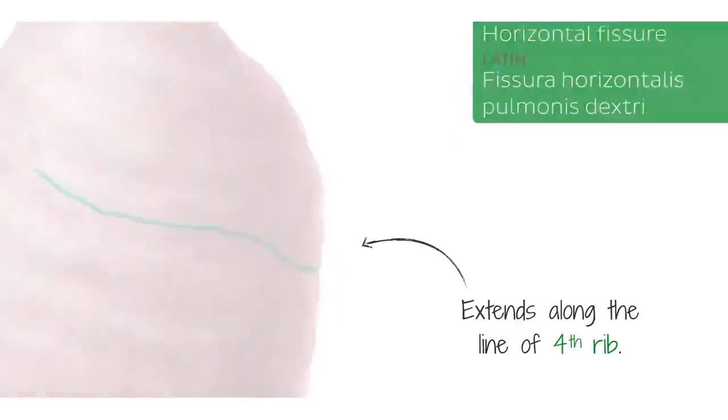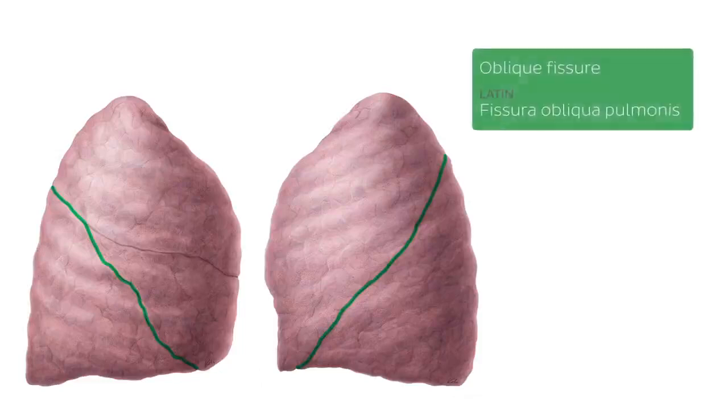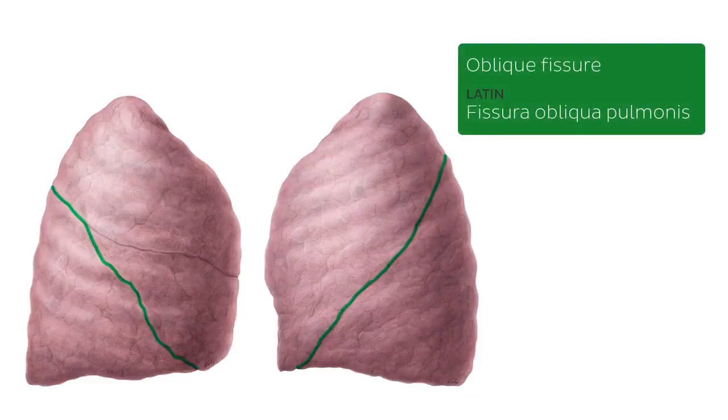Moving on to the second fissure that we need to cover here on this tutorial, and the second type of fissure that you find on your lungs. This is known as the oblique fissure. And as you can see, you can definitely find one oblique fissure on each lung, the right and left lung. Now, on the right lung, you notice that the oblique fissure is separating the superior lobe from the inferior lobe, and separating also the middle lobe from the inferior lobe.